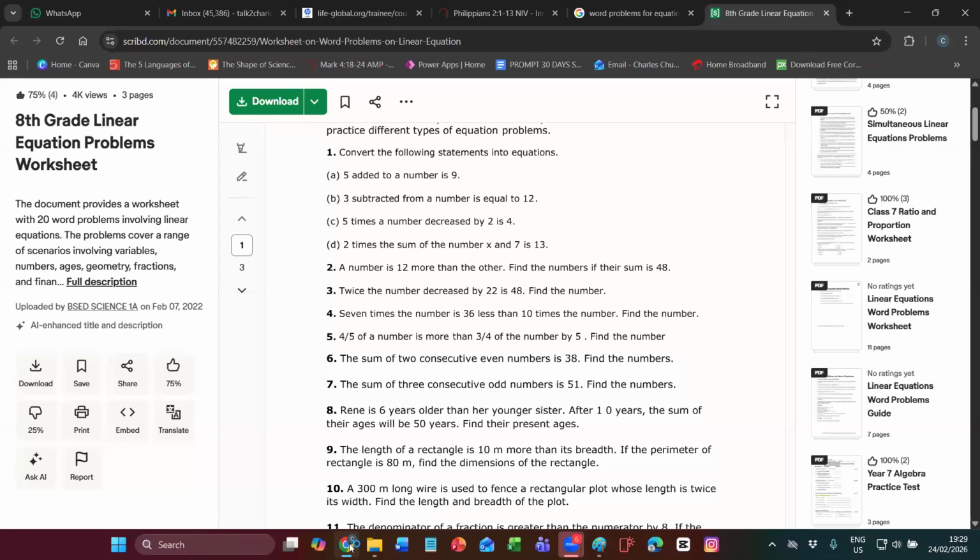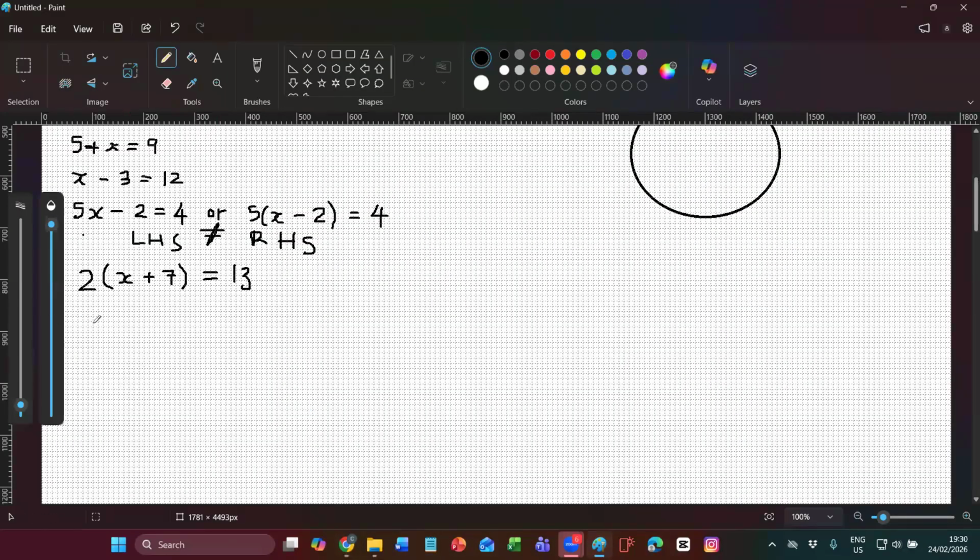So the question now says find the numbers if their sum is 48. Take a look at this. We said one of the numbers is x, and the second one is x plus 12, right? Yes, sir.